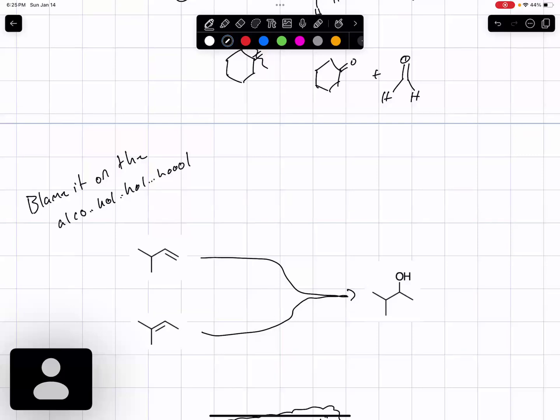You can add OH here, right? But this would be the least substituted side. So least substituted side, which one is that? Is that hydroboration or oxymercuration-demercuration?